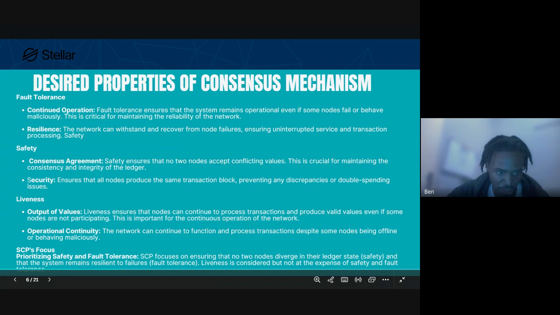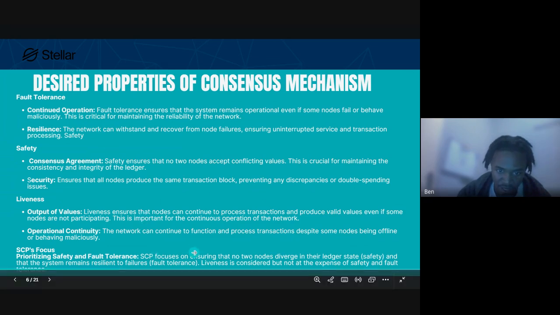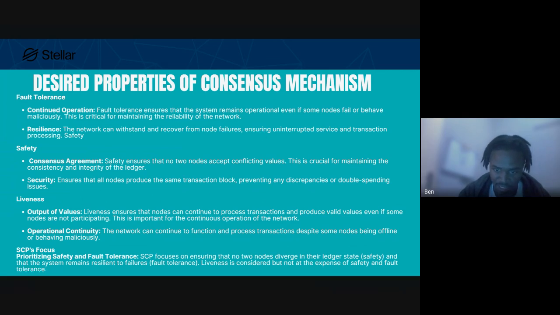Stellar consensus protocol focuses on prioritizing safety and fault tolerance. SCP focuses on ensuring that no two nodes diverge in the ledger state, which is safety, and that the system remains resilient to failure. Liveness is considered, but not at the expense of safety and fault tolerance.